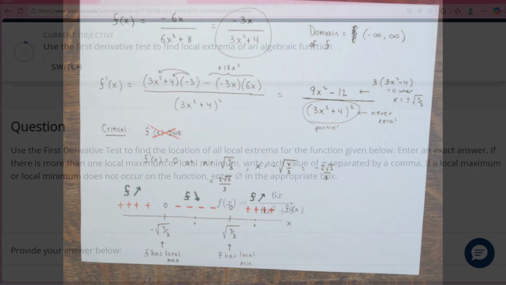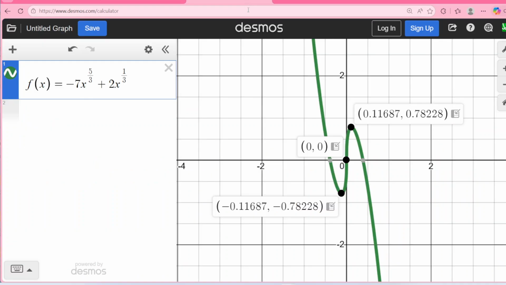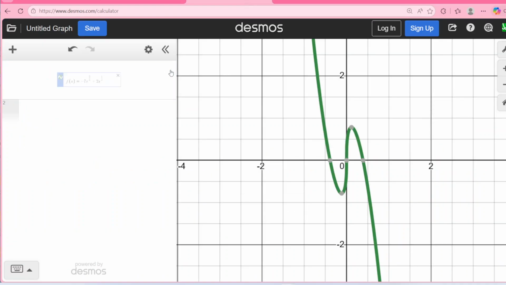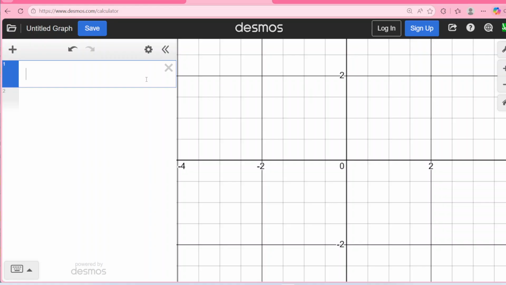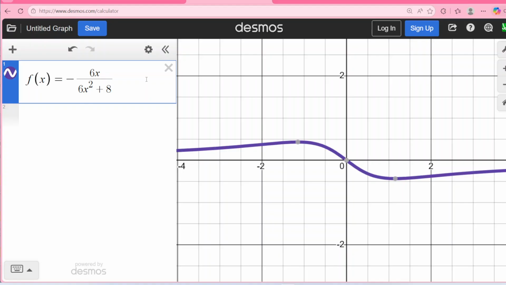Now let's actually look, just to verify. So back at Desmos here. Here was the function we were given, so again, I'll write it as we had it: negative 6x divided by 6x squared plus 8. If you look, the domain's all real numbers. There are no asymptotes or whatever.